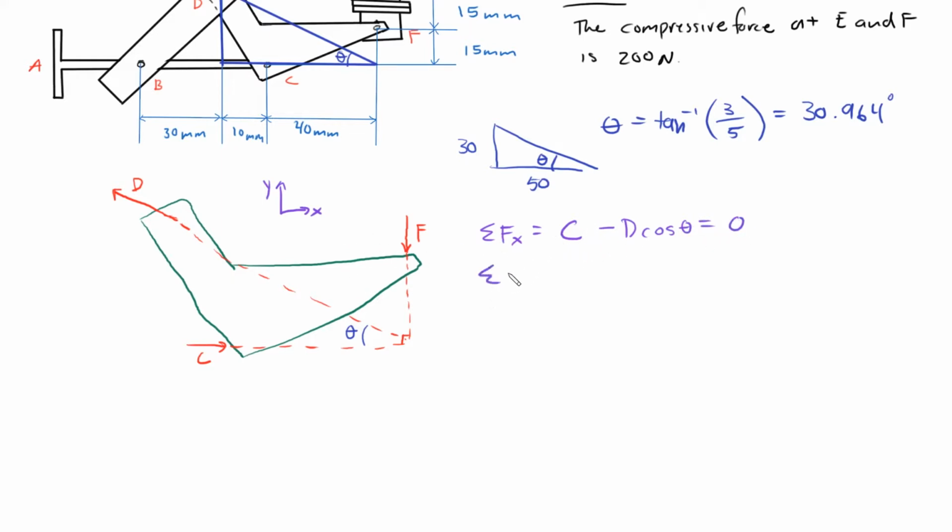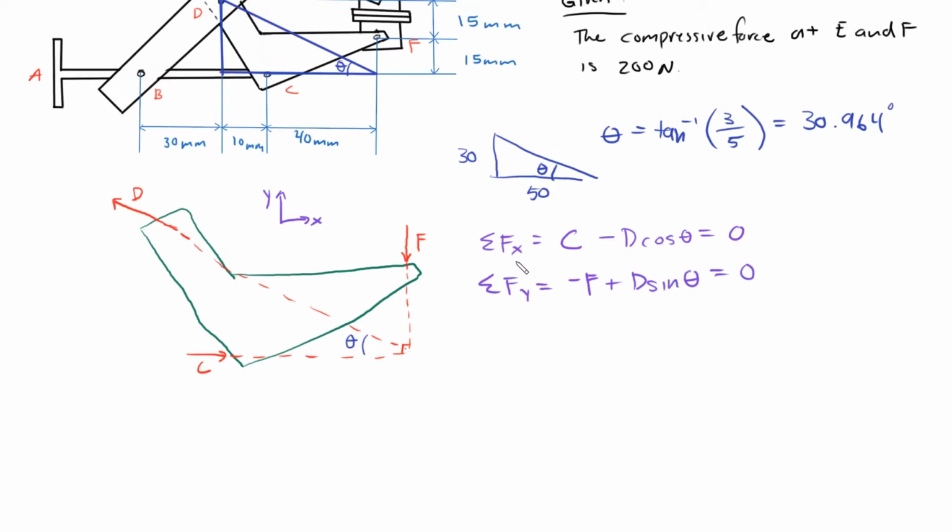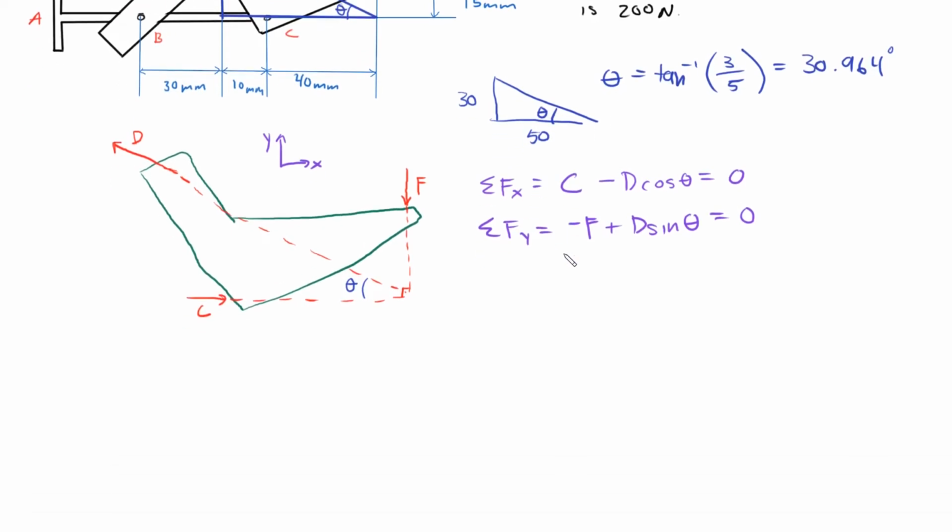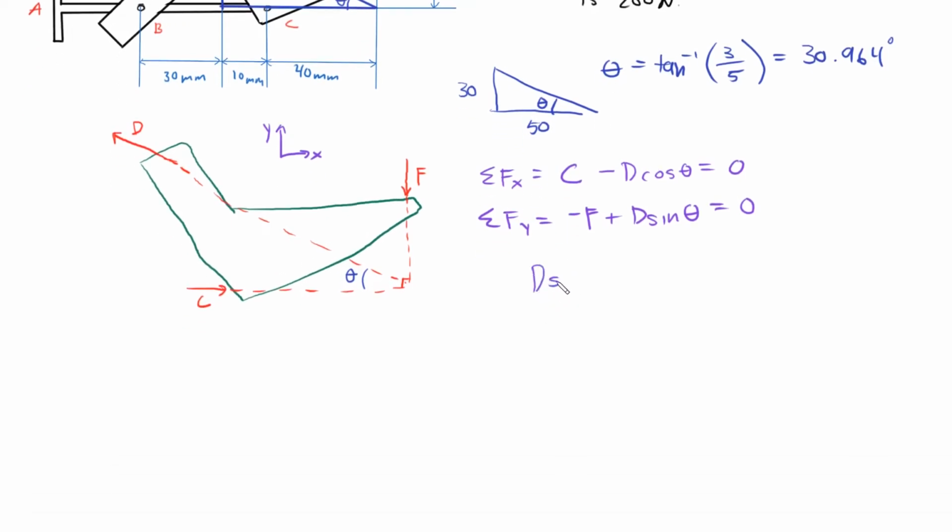Summing the forces in the y direction, C points horizontally, so that doesn't count. It'll be negative F, plus D sine theta, and that equals 0. We know F, the compressive force, is 200 newtons, so D sine theta equals F.